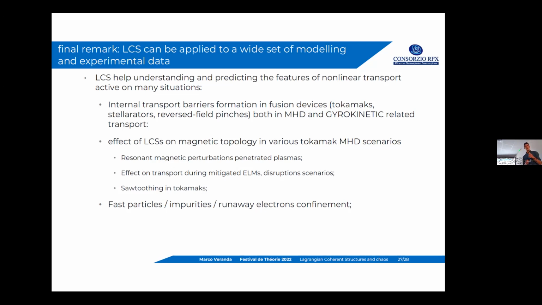With a step forward in the mathematics of the Lagrangian coherent structure with, I think, the correct dynamical system, one can study also the role of the transport of particles and possibly of fast particles and runaway electrons. And so the Lagrangian coherent structure can help seeing better what happens to those physical quantities.